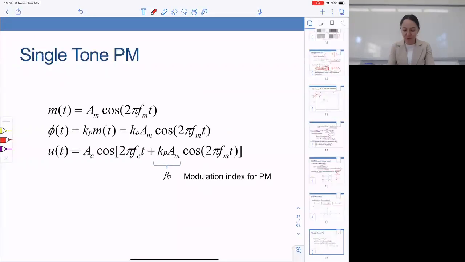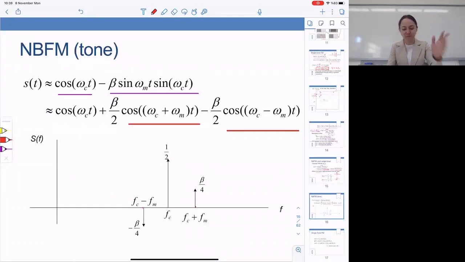Now, how about single tone phase modulation? Right, so we're both wrong. It looks like double sideband with the carrier, right? Because this is the carrier.